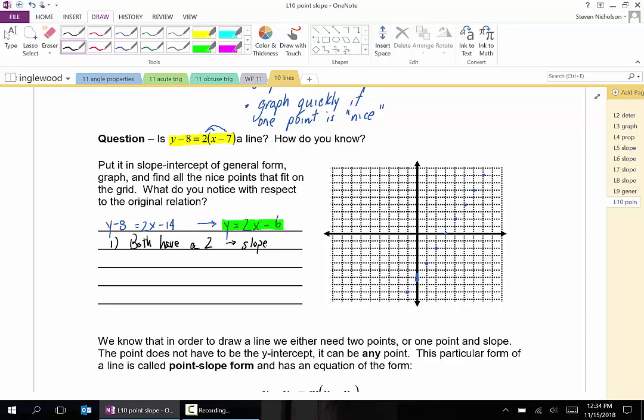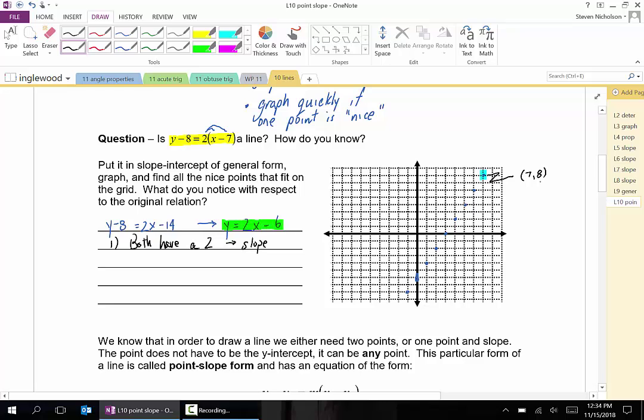In the new form of the line, we obviously don't have the y-intercept because nowhere on there do I see a 6. But if I ask you what is the value of this point right here, you would read it off and you would see 7, 8.